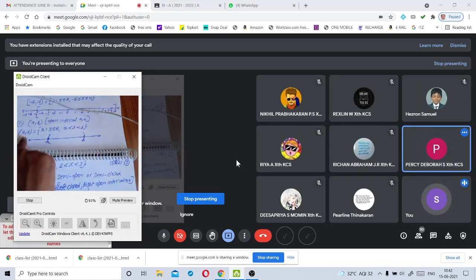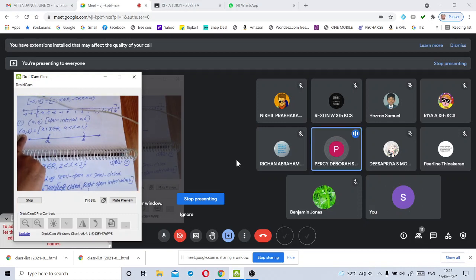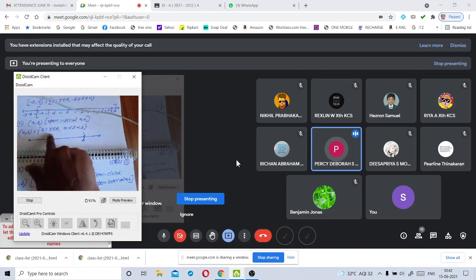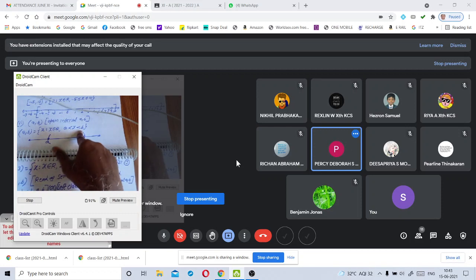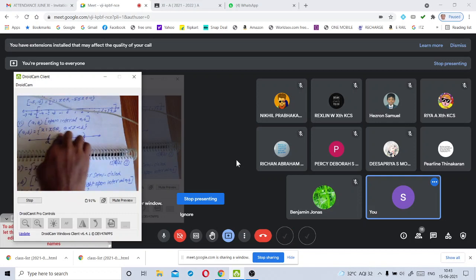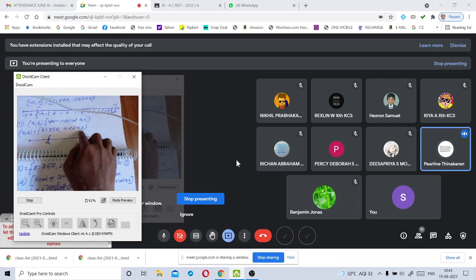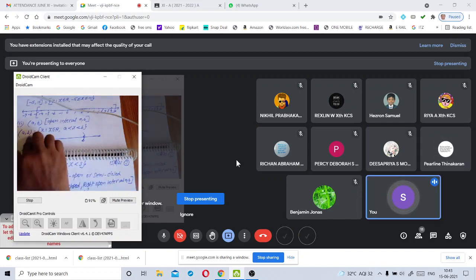As Richard read correctly, open interval a comma b is equal to set of all x such that x belongs to R, a less than x less than b. Very good, my dear Percy. Pierre Lane, read this line. Open interval a comma b, set of all x such that x belongs to R where a is less than x, which is less than b. Very good, my dear Pierre Lane.